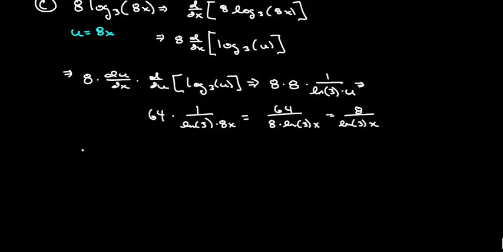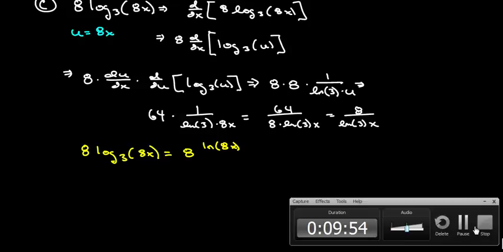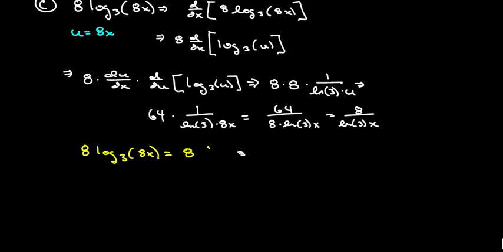So if we had 8 log base 3 8x, we could use a change of base and say that this is 8 natural log 8x. Excuse me, let me erase this right here. This is the natural log of 8x over the natural log of 3, like that.